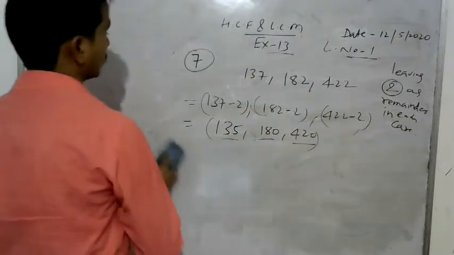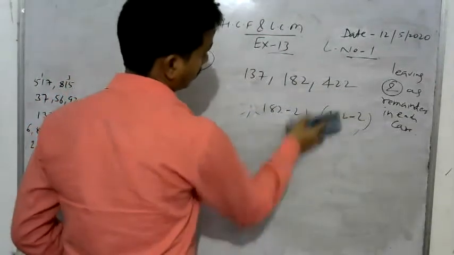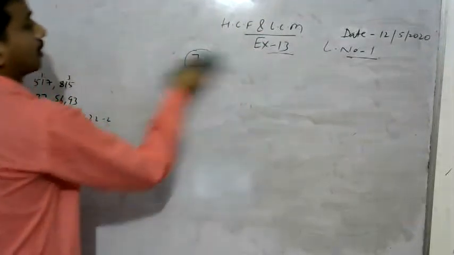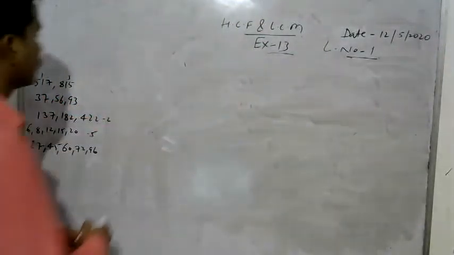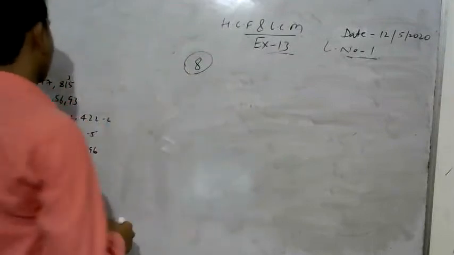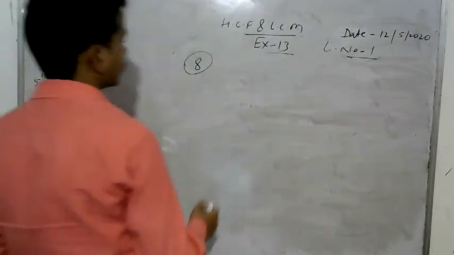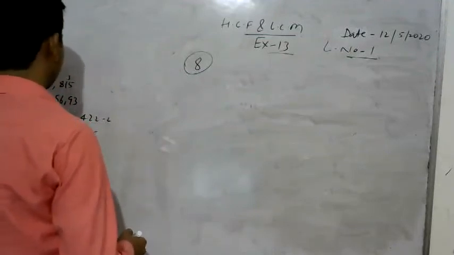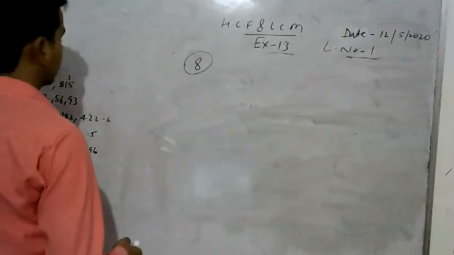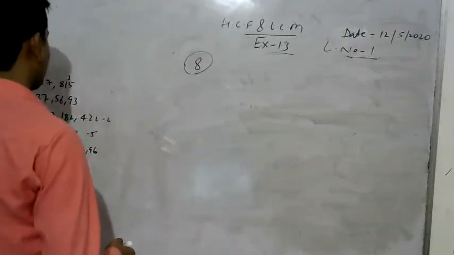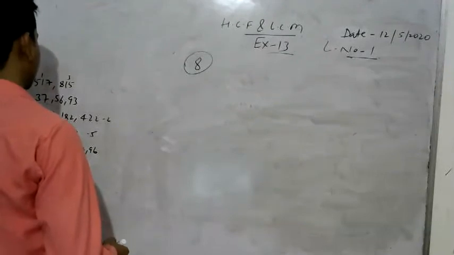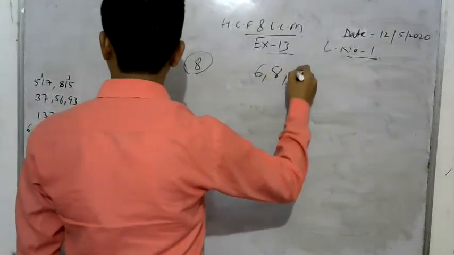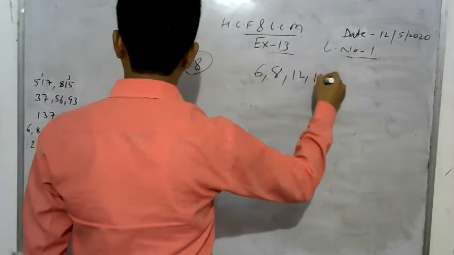Now let's see another problem, question number 8. Question number 8 says find the least number that will be divisible by all these, 6, 8, 12, 15 and 20.